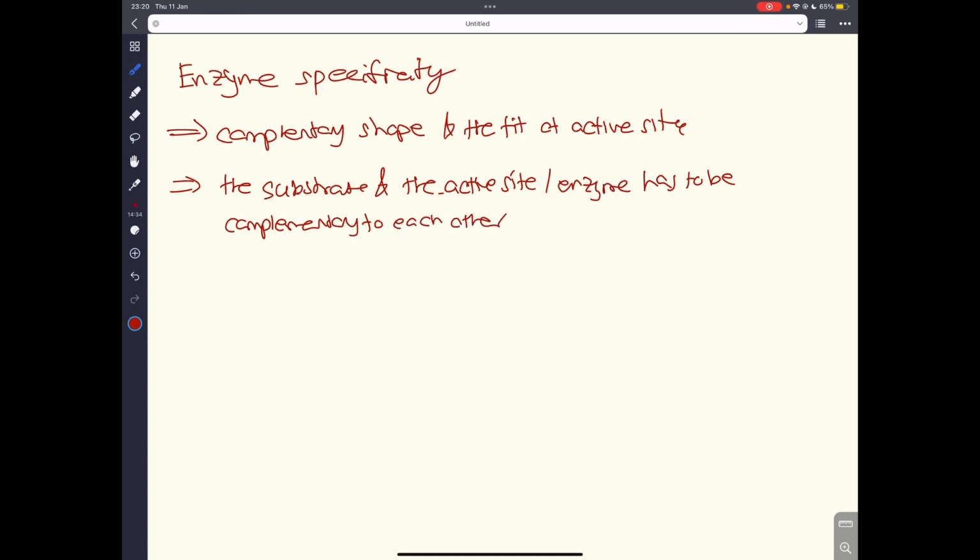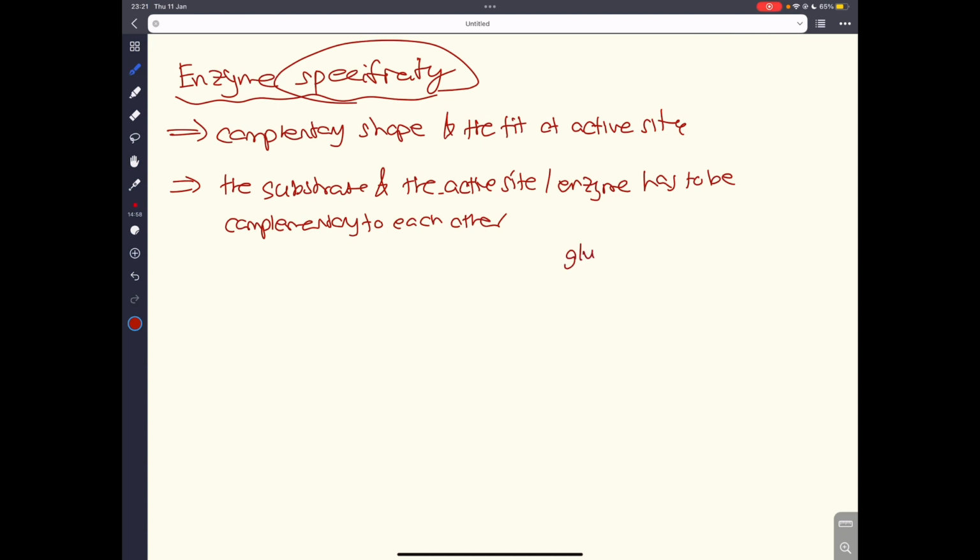If they are not complementary to each other, then obviously they won't bind and the products will not be formed. This is a very important topic, so always refer to enzyme specificity when you talk about how or why enzymes do not bind to all types of molecules, and that each enzyme is specific to one molecule.